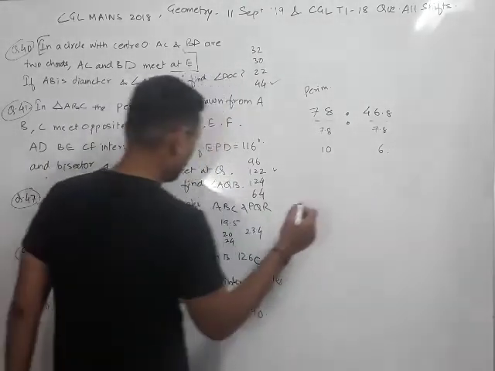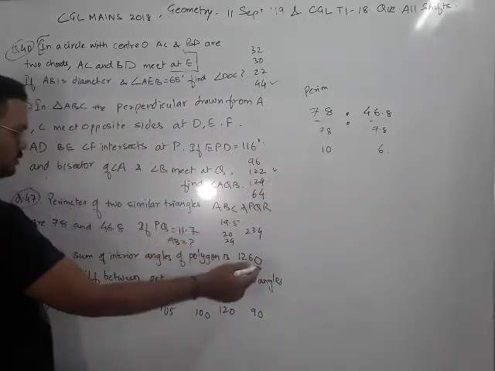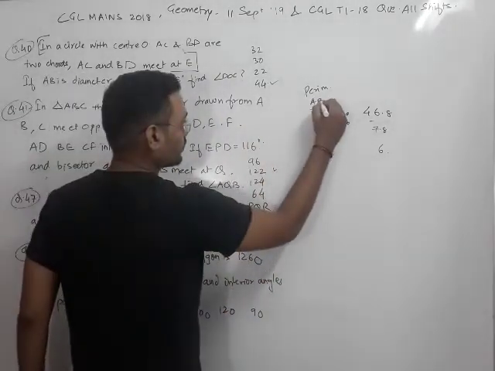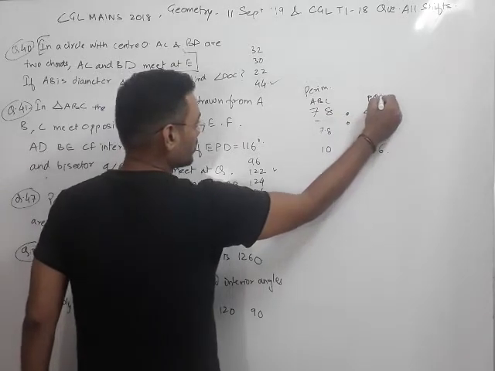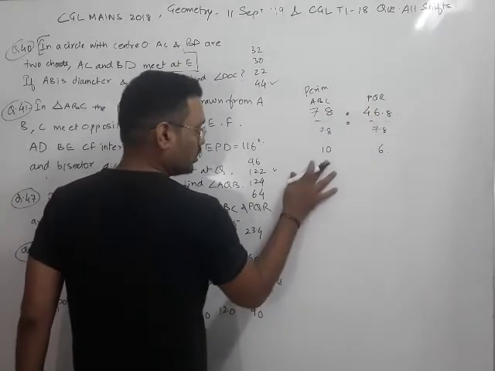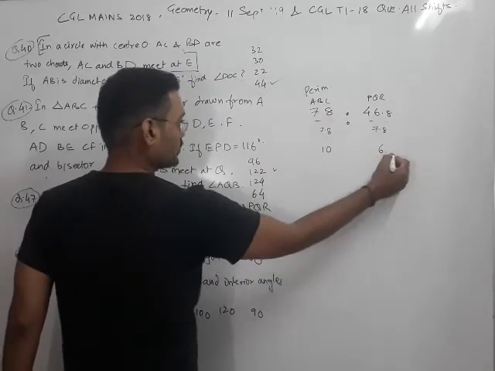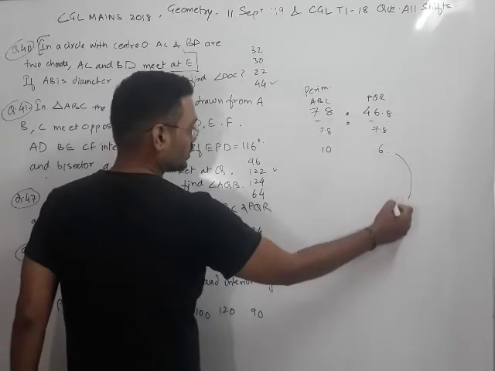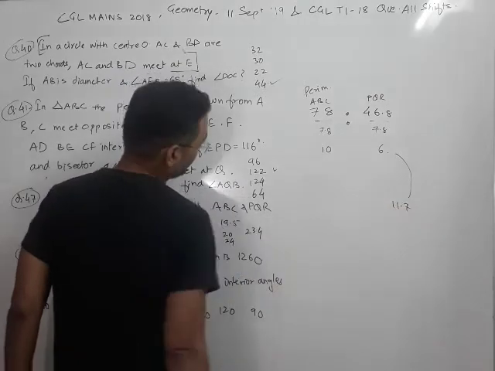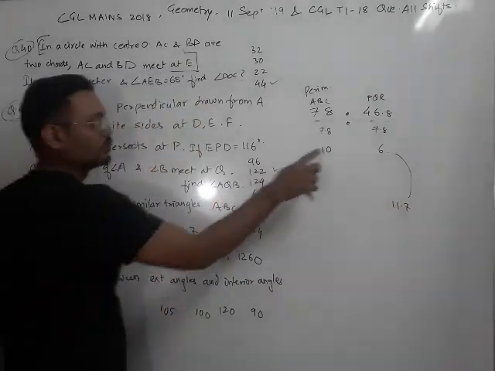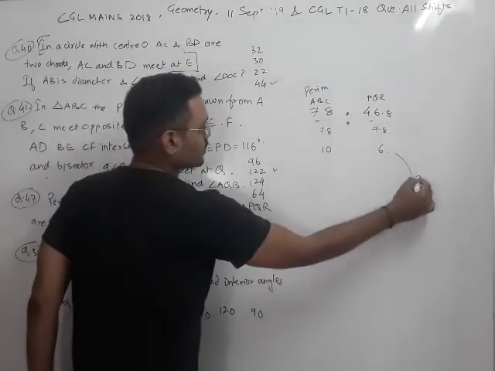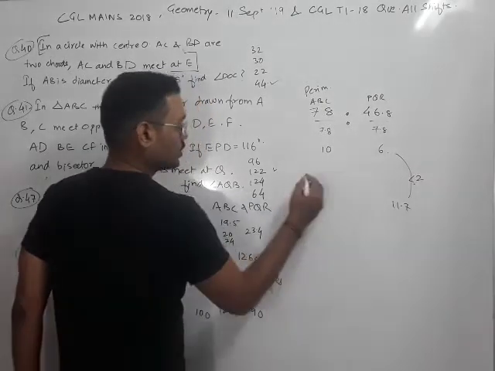So now this is triangle ABC, this is triangle PQR. The moment they have given me side PQ as 11.7, which is almost twice of it, less than 2.